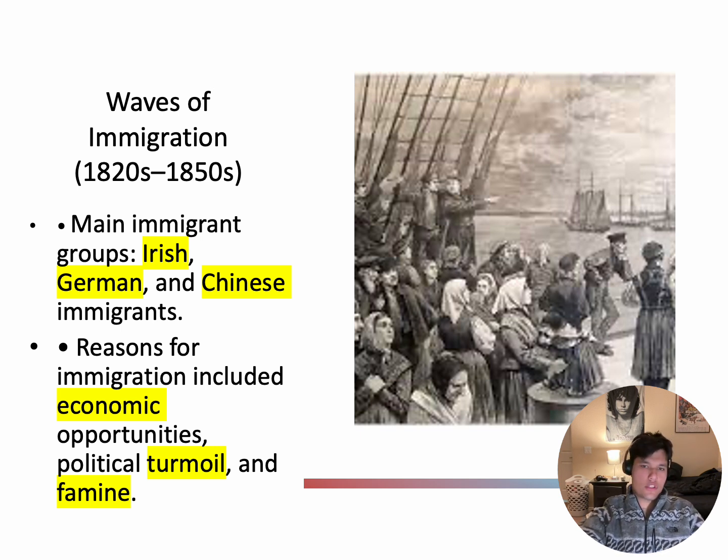Each group's arrival would shape regional economic opportunities, and they adjusted to the societies differently, as we'll be talking about in this lecture, what they were bringing over and what the American people thought when they were coming. So make sure to write down what's highlighted, and let's continue.